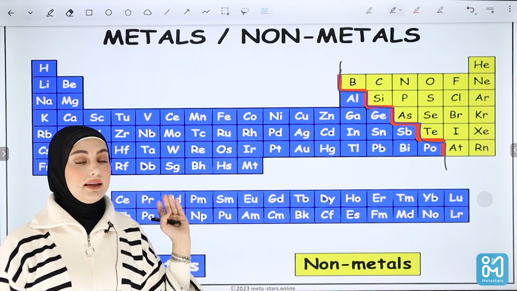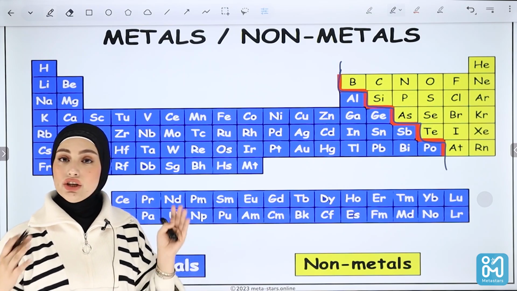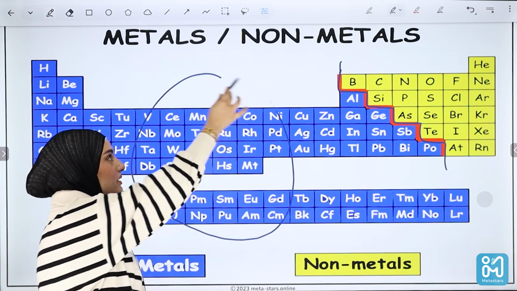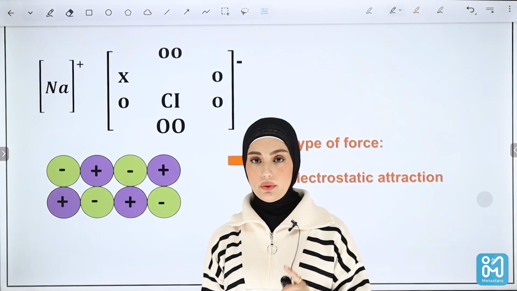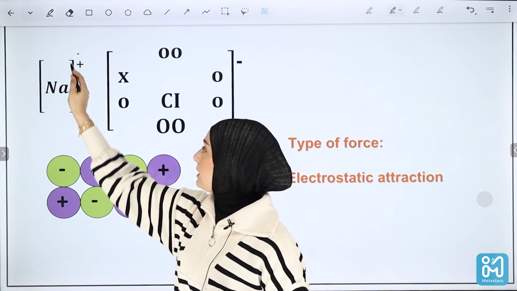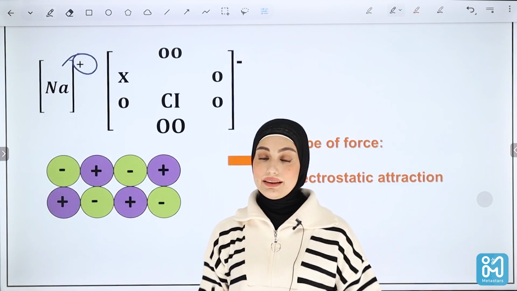And as you can see, 80% of the elements in the periodic table are metals. So in ionic bonding, electrons transfer from metals to non-metals.